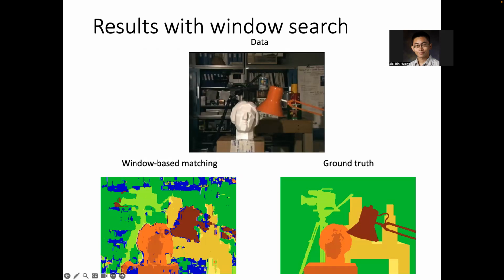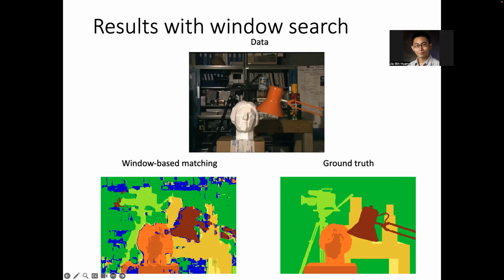Earlier when we talked about finding matches for each window, essentially for every single pixel in the left image, you try to find the corresponding point in the right image, but all the decisions are independent for every single pixel location.